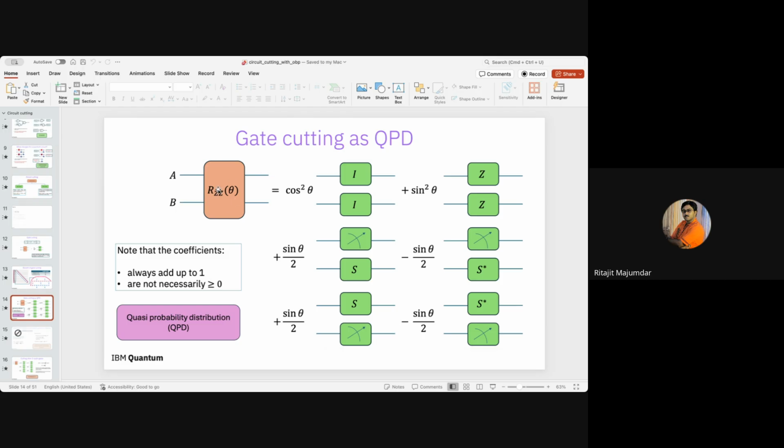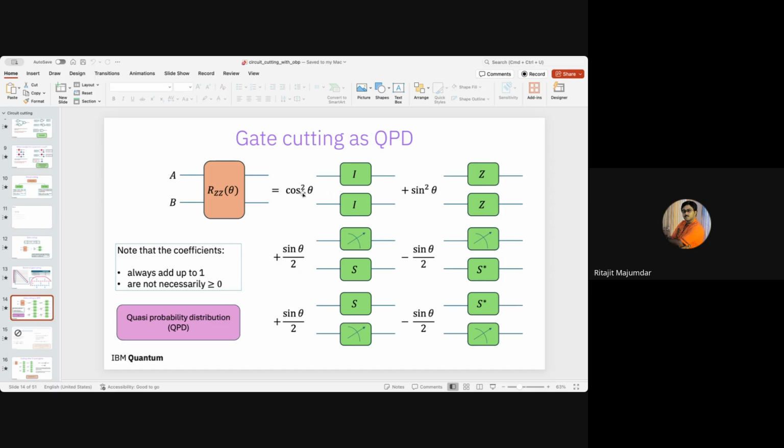Say I have this RZZ theta gate. You can write it as a combination of these cases. This is identity, this is applying Z gate on both qubits, this is measuring the first qubit, applying an S gate on the second qubit, measuring, applying S dagger, and so on.